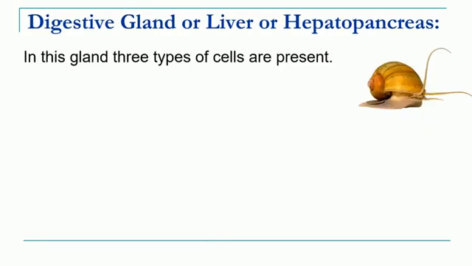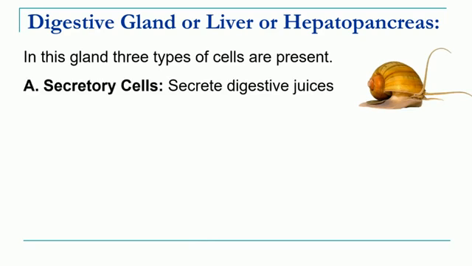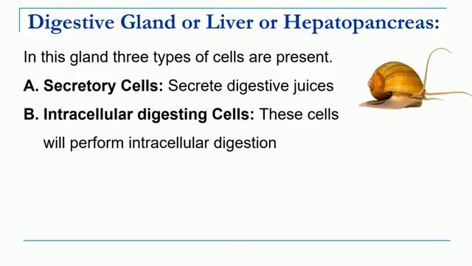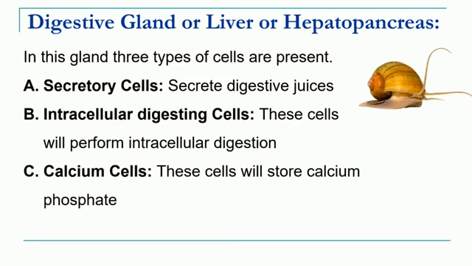Now in this digestive gland there are three types of cells present. The first type are called secretory cells, which secrete digestive juices. The second type are called intracellular digesting cells. These cells perform intracellular digestion. And the third type are known as calcium cells. These cells store the calcium phosphate which is required in the process of digestion.